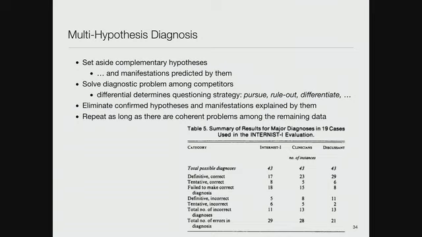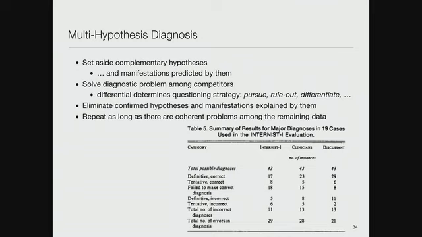Then there are different questioning strategies. Depending on the scores within these things, if one of those diseases has a very high score and the others have relatively low scores, you would choose a pursue strategy that says, okay, I'm interested in asking questions that will more likely convince me of the correctness of that leading hypothesis.